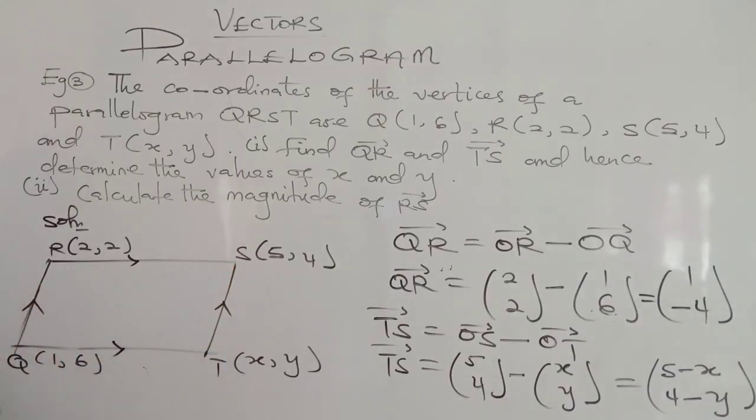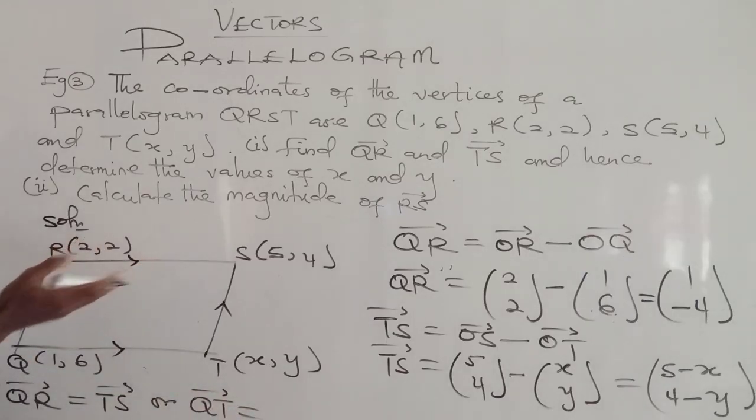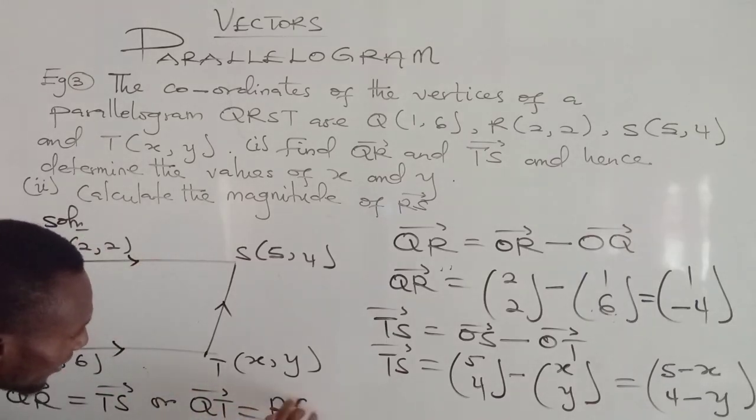So I can say that my vector QR, which is this side, is supposed to be equal to the vector TS, because the opposite sides are equal. Or someone can say that the vector QT should be equal to this side, which will be RS.